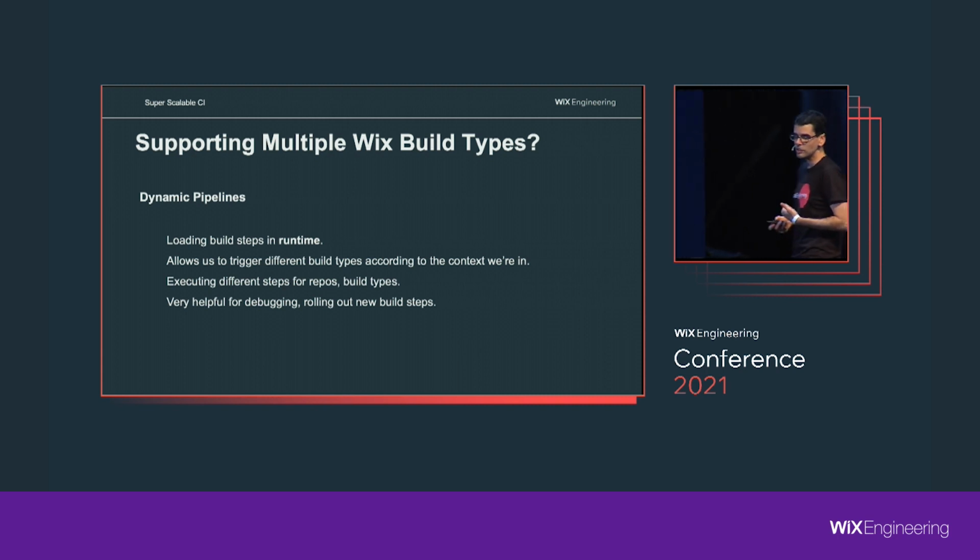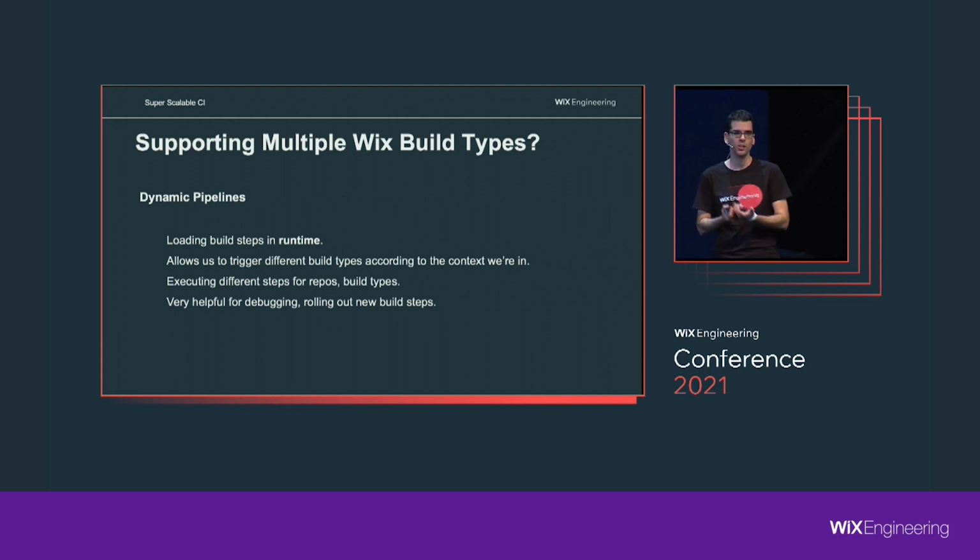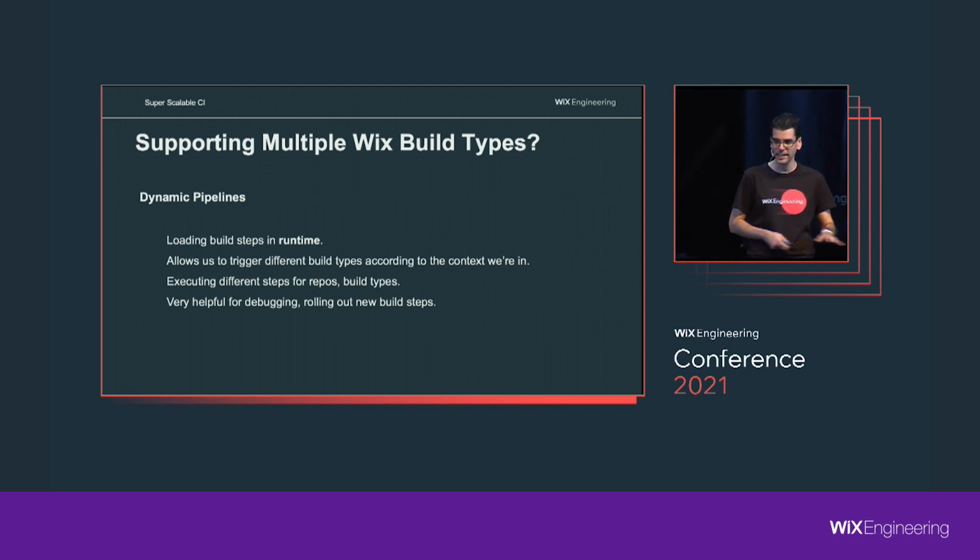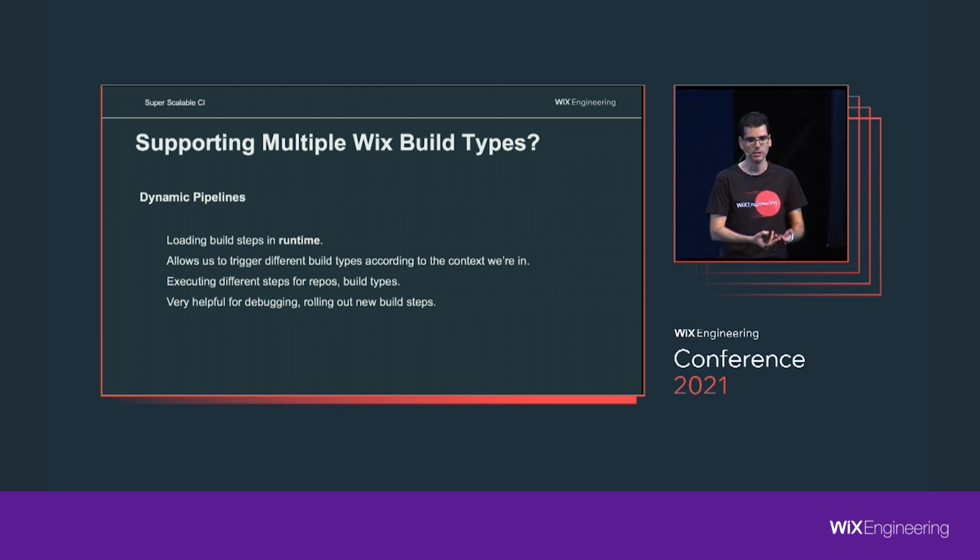It allows us to load steps in runtime. It means that we do not hardcode Bazel test //... We do not hardcode anything. And we can load build steps in runtime. We can start a build and then ask, well, what's the context? What should I do? And then load the steps.